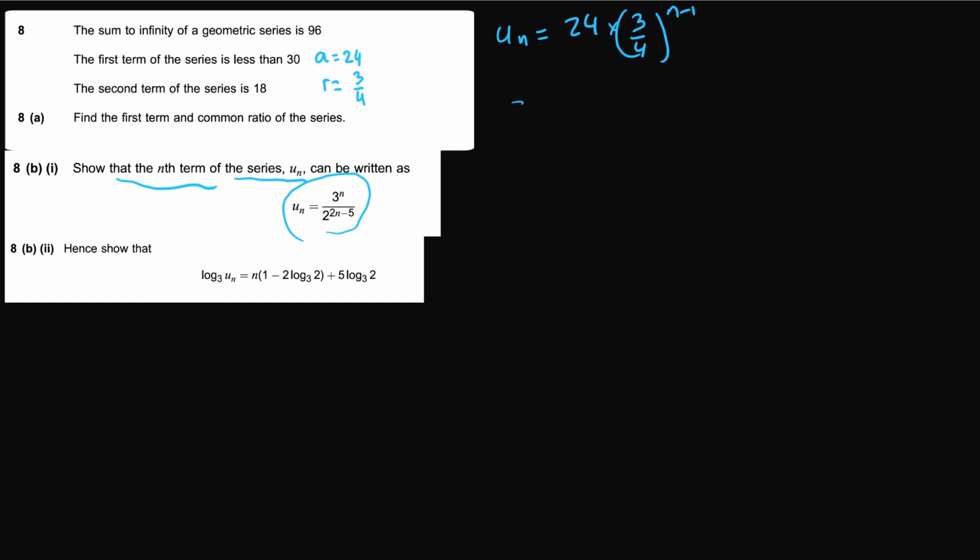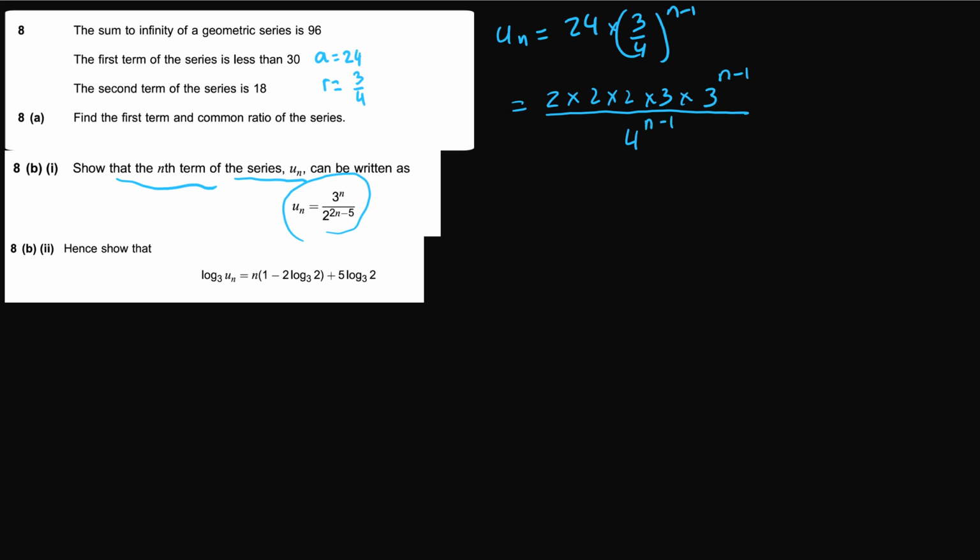So then I can write 24 as 2 times, so only 2 and 3 are allowed, so as multiples of 2 and 3, so 2 times 2 is 4, times 2 is 8, times 3 is 24, and then times 3 to the power n minus 1, and the whole thing divided by 4 to the power n minus 1.